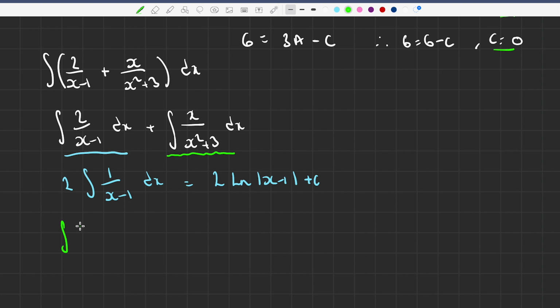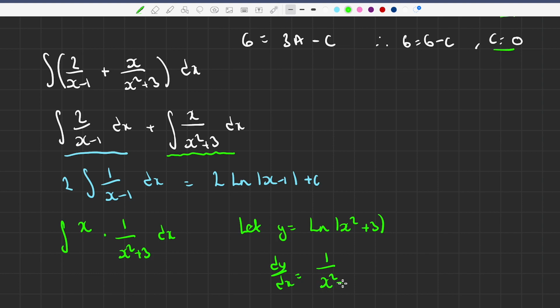So we have the integral of x multiplied by 1 over x squared plus 3 dx. And if you look at this, if we differentiate this denominator, we get this x term, or we get a scaled version of this x term. So because of this, we can use reverse chain rule. So if we let y equal the natural log of x squared plus 3, we can work out dy by dx, and this will be 1 over x squared plus 3.